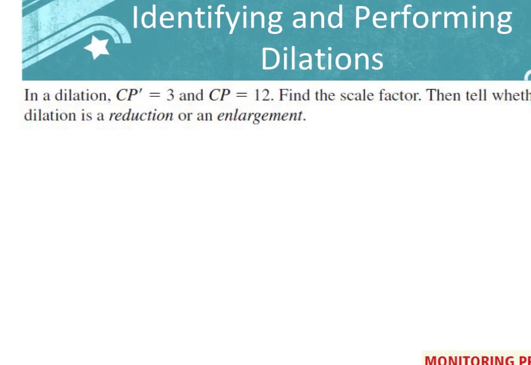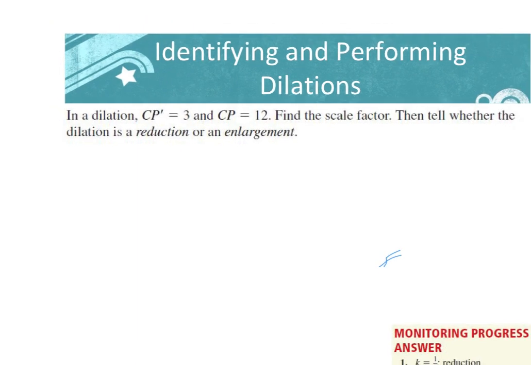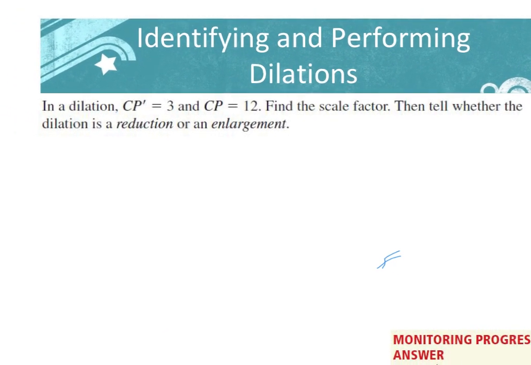And next one. So now sometimes they're going to ask you questions where there's not going to be a graph, okay? So you are going to have to use your knowledge of the scale factor to figure out whether it's a reduction or an enlargement. Okay? So K equals CP prime over CP. In this case, it's 3 over 12, which is 1 over 4 if you reduce it or simplify it.